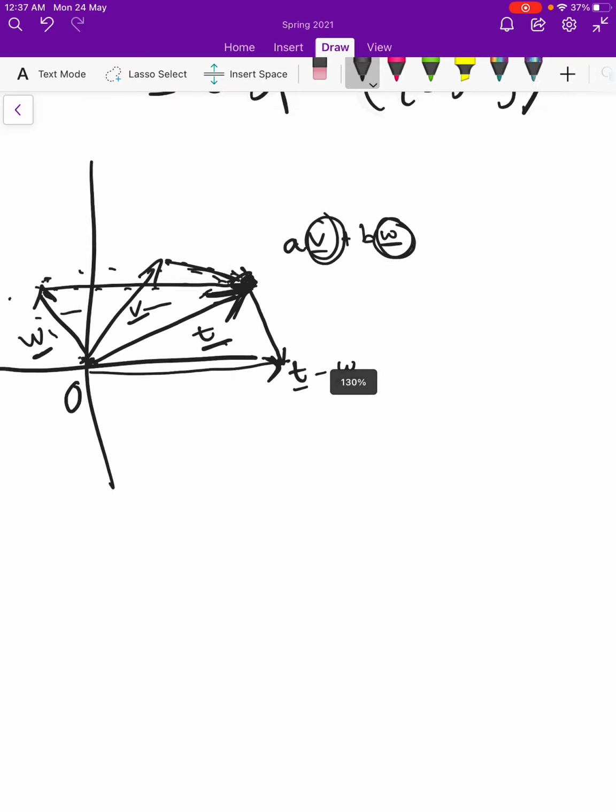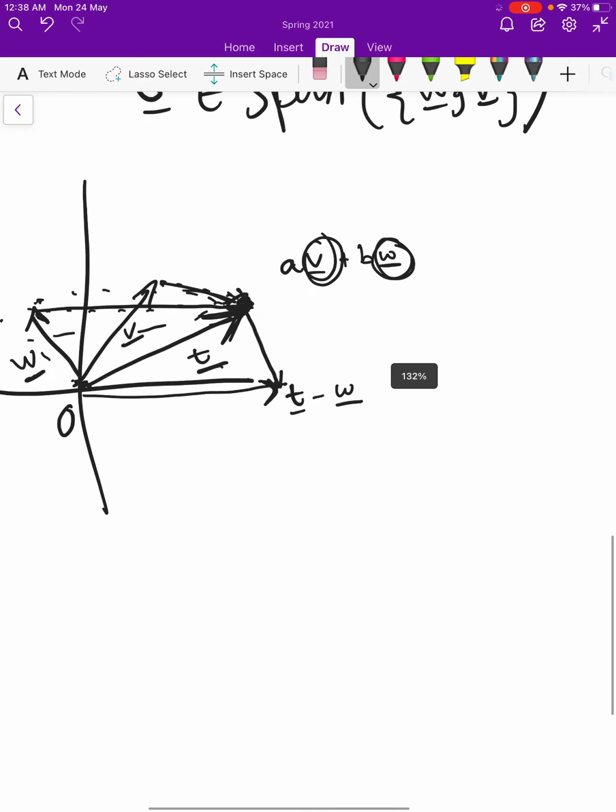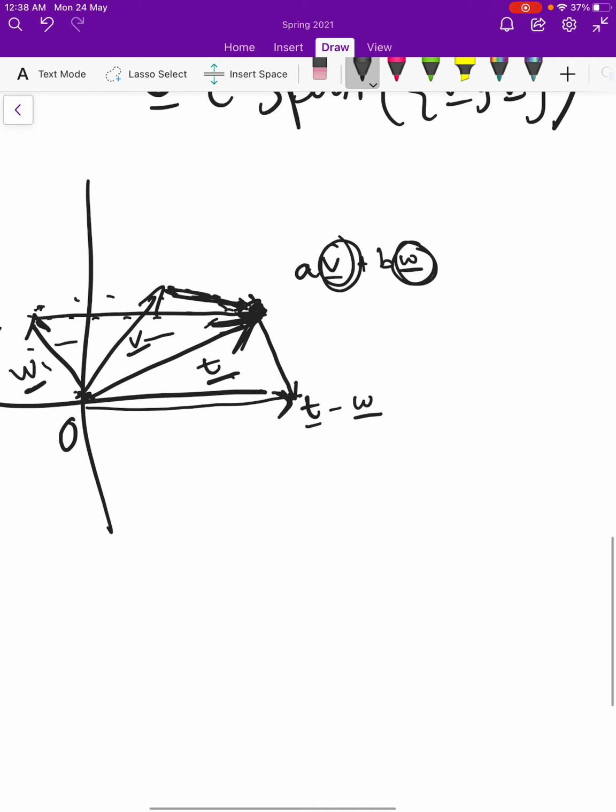And if it was the other way, then it would be negative T minus W, but it's not. And this other point, basically, I told you the concept, so that is T minus V.